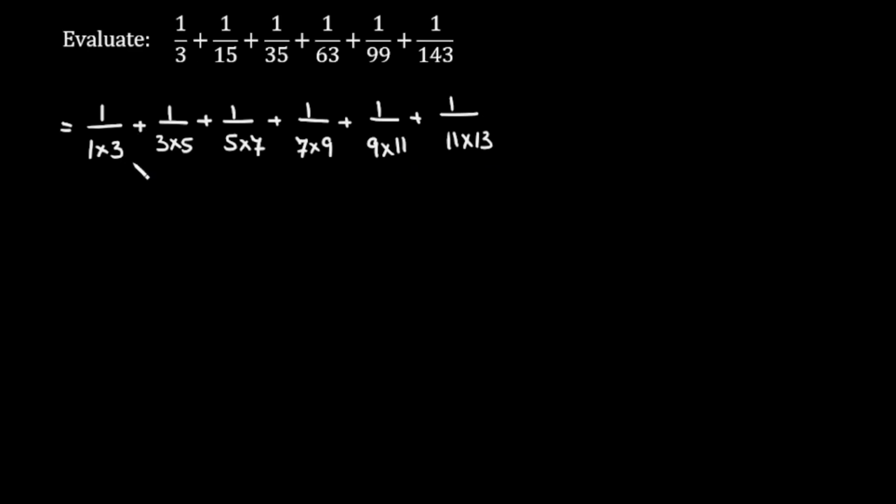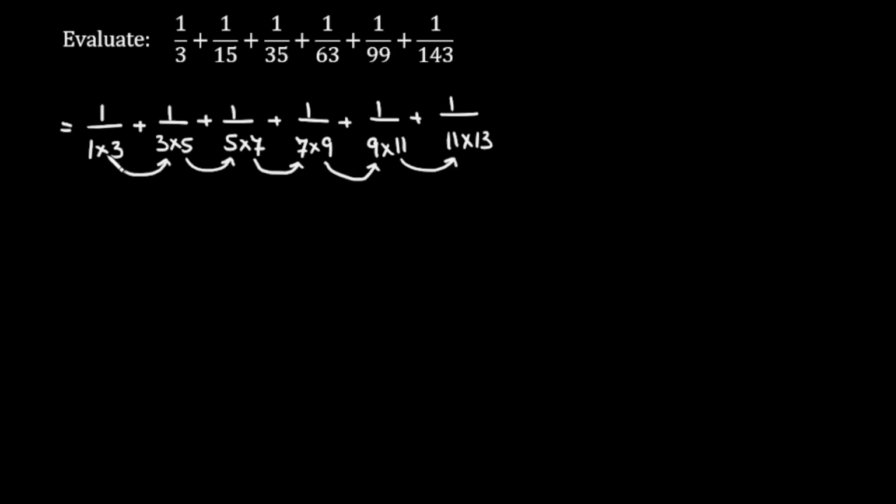Here you can see the pattern. The difference between the two numbers is 2 all the way. So here 3 is the last number and 3 is the first number. You can see the pattern is repeating itself.